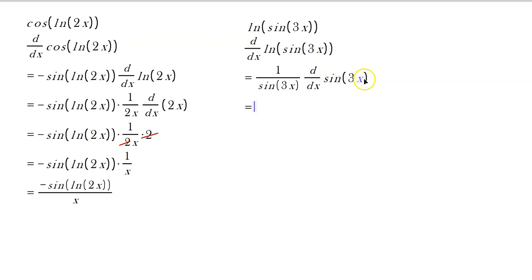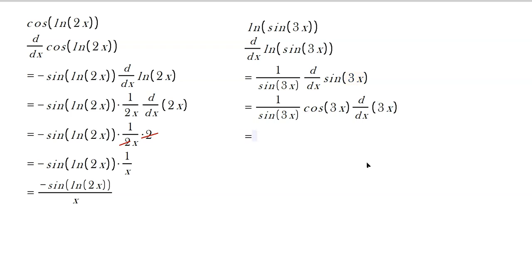But now when you look at sine of 3x with respect to x, 3x rather, sine is the outside first. So you're going to do 1 over sine of 3x, differentiate the sine. That's going to give you a cosine of 3x, but then you have to multiply by the derivative of the 3x this way.